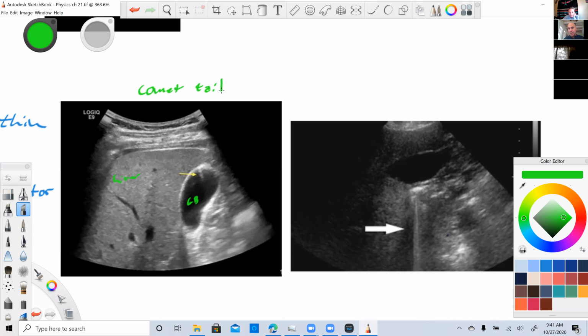I call that a comet tail. I call this one going all the way down. If we could see more of this picture, it would go further. Ring down. But they're both under the subheading of reverberation.